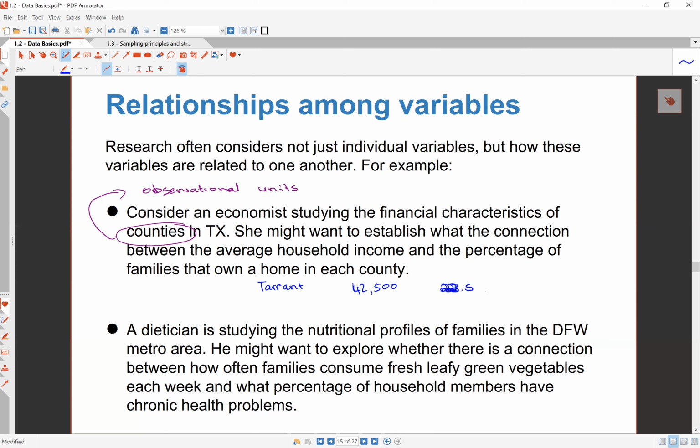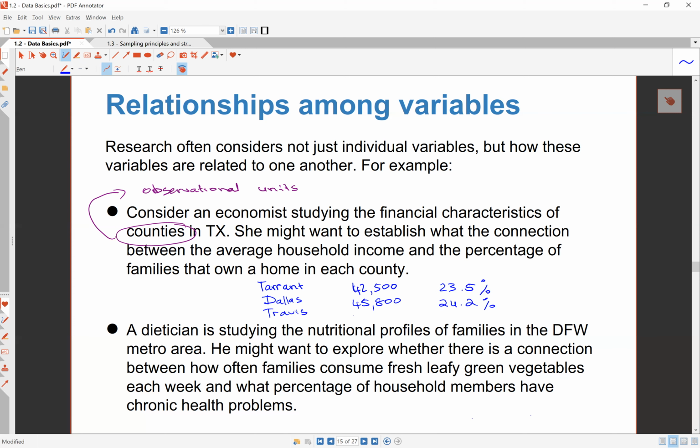And then we might have Dallas County. Dallas County might have a slightly higher income, 45,800, and might have 24.2% home ownership. Then someone looks at Travis County.